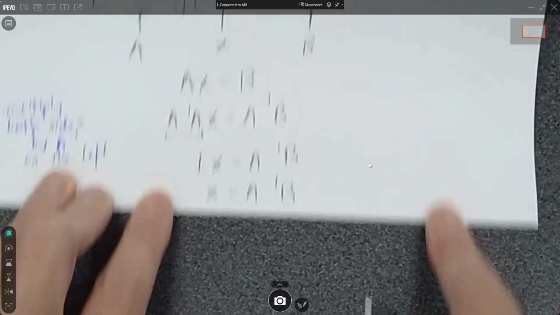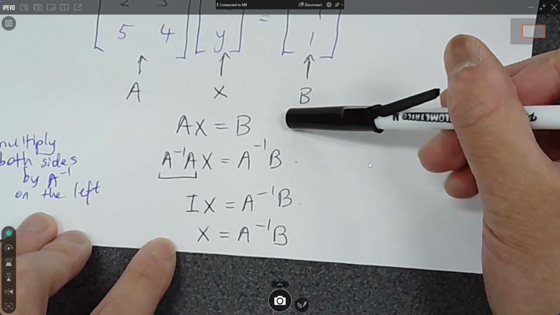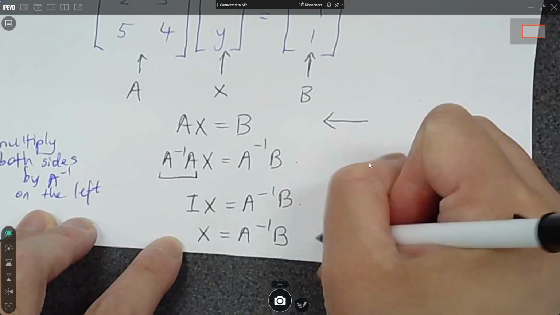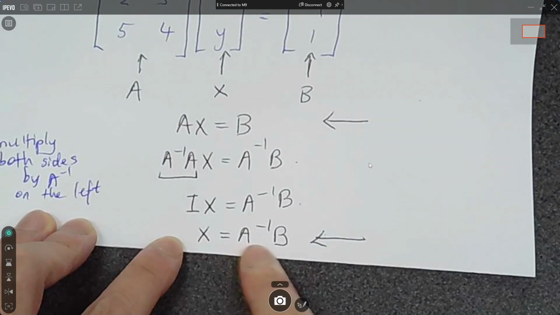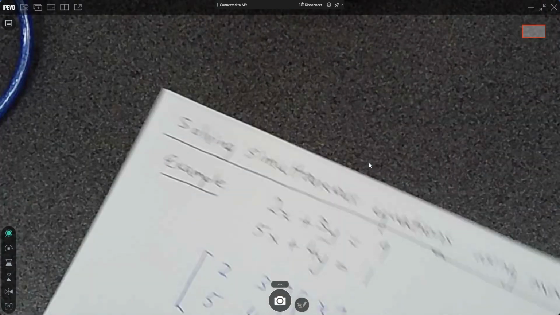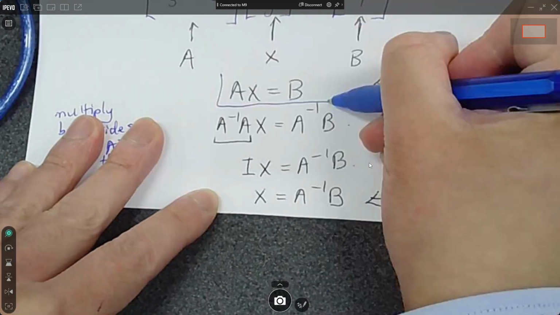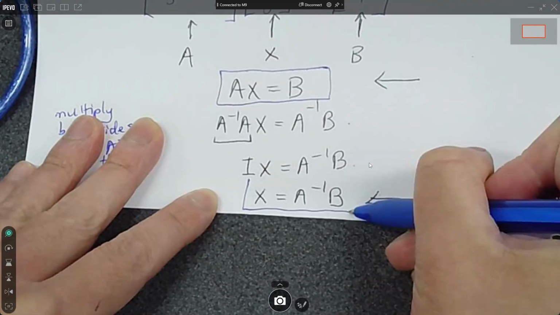So if I want to solve this problem, AX equals B, my solution is going to be this. So you don't have to write this out every single time. If you know this, you can go straight to here from now on.